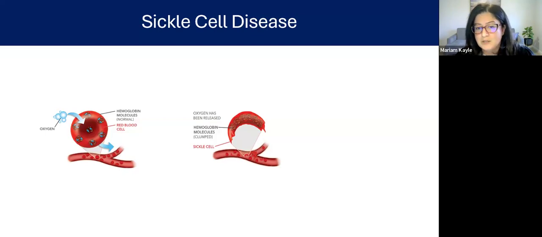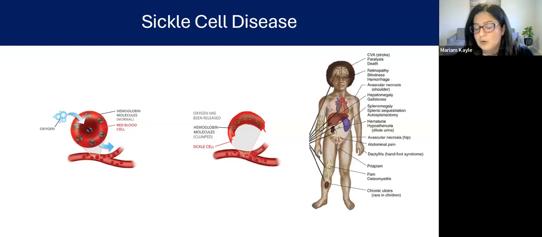And as you can imagine, this can affect every single organ system in the body. So patients end up with strokes, retinopathy, shoulder pain, and avascular necrosis or death to the bone tissue, hepatomegaly. Every single organ system is affected.